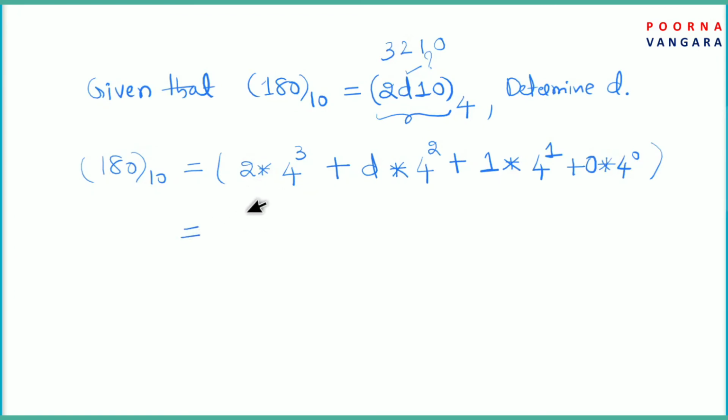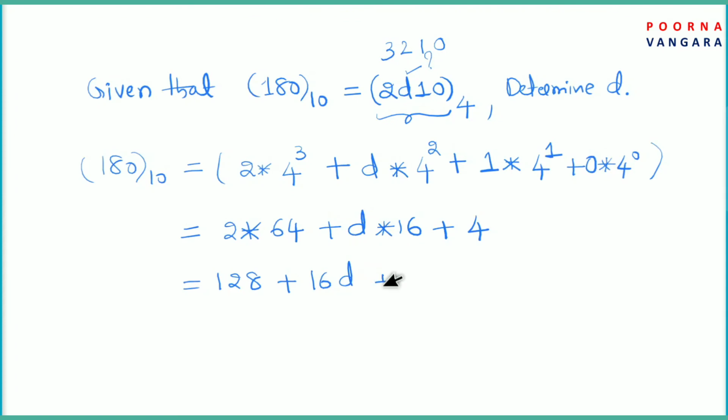Now 2 into 4 to the power of 3, so this is 64, and this is 16, then this is 4, 0 into something you will get 0, and this is 128 plus 16D plus 4 is equivalent to 180. Now you can remove whatever the base.